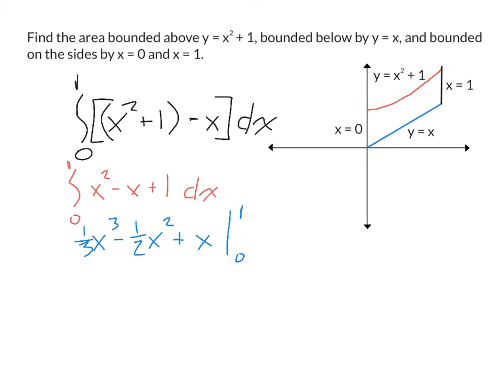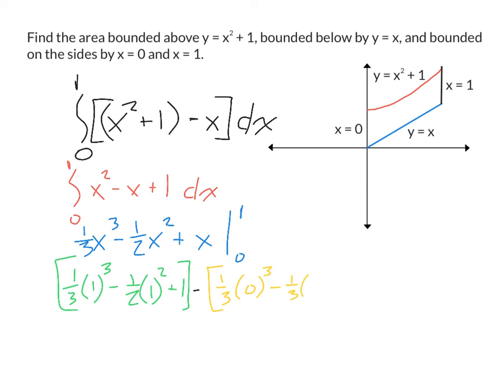So we have 1/3 times 1 cubed minus 1/2 times 1 squared plus 1. And all of that will be subtracted by 1/3 times 0 cubed minus 1/2 times 0 squared plus 0.